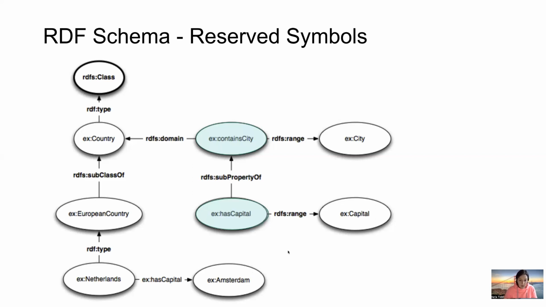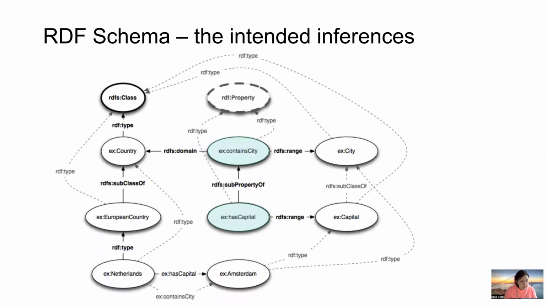And all these highlighted symbols, which we call reserved symbols, allow for inference. This means that I can materialize certain relationships just because I use these special symbols. The materialized statements are the ones that you see in dashed lines here.